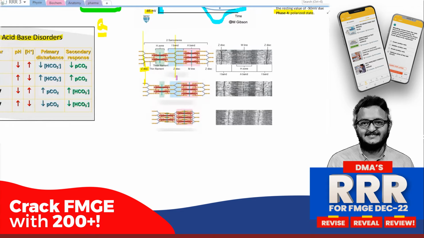So between this Z, please pay attention. See, where you see only and only myosin, this is myosin, completely myosin. Am I right? Now see, these myosin are not just present like this. If I am drawing myosin and actin, they are not attached like this. They are attached like this. Let me show you.